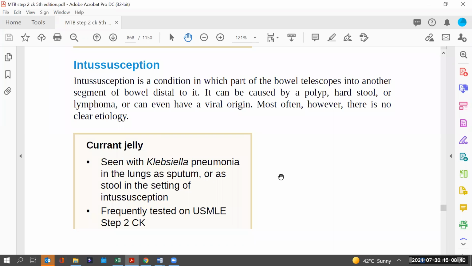What is this currant jelly? That's the presentation we will see here, like seen with Klebsiella pneumonia in the lungs as sputum, or as a stool in the setting of an intussusception. Most of the time when we see especially stool, you can just imagine that when these patients pass stool, because of this telescoping of the bowels, we will see some type of currant jelly stool appearance, and this jelly also appears as sputum as far as lungs are concerned.